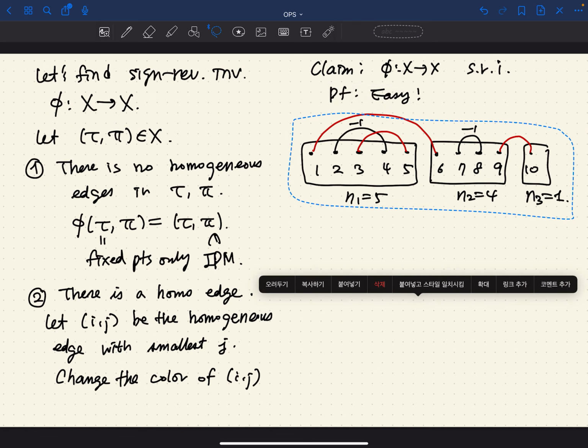You can imagine this. The set of inhomogeneous matched set partitions.